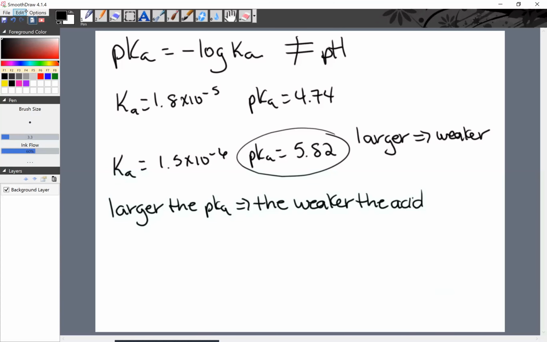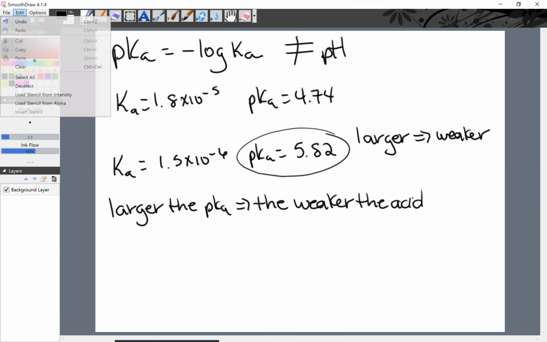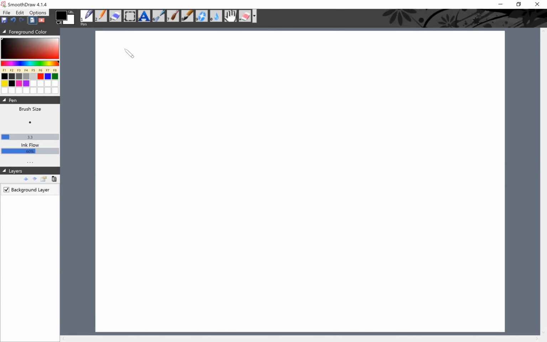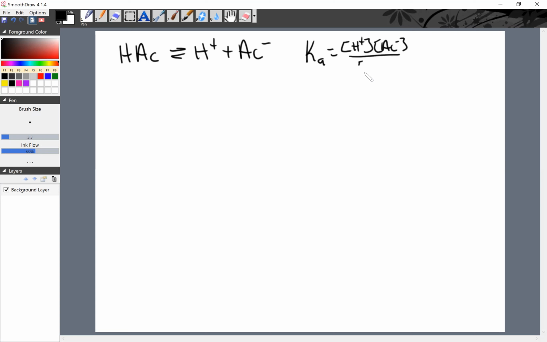Vinegar, step number 1: we need a balanced chemical equation. Step number 2: come up with an equilibrium expression. Step number 3: can we find that K value?